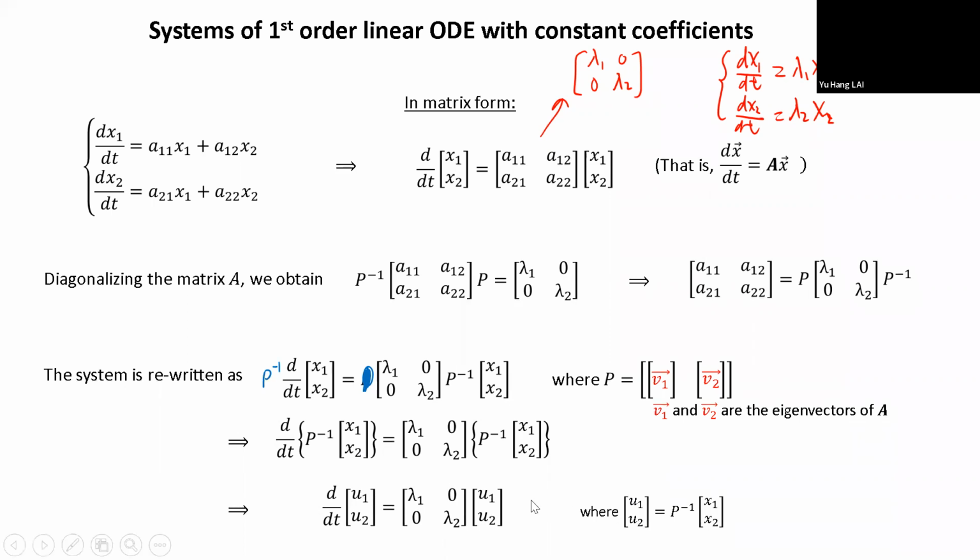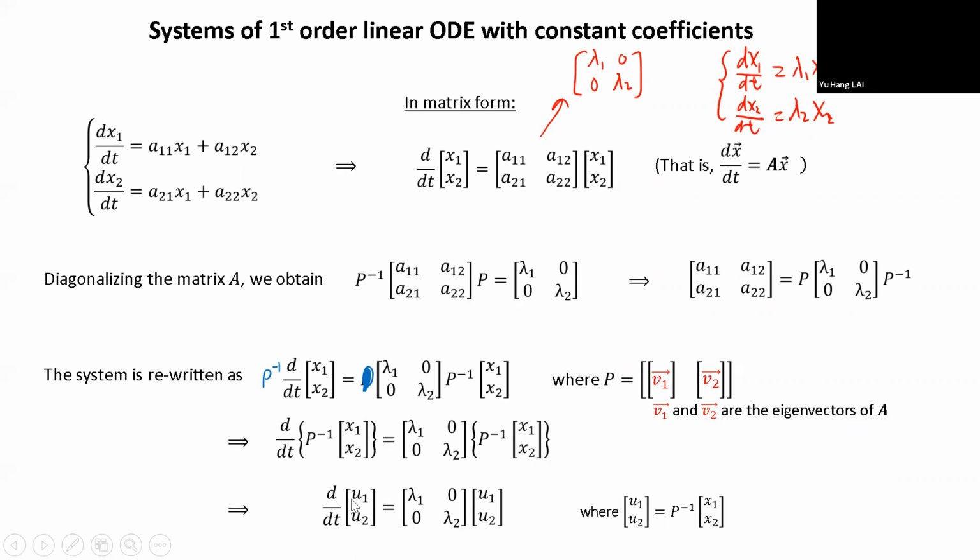Then this becomes this, and this one becomes this one. Now look at this system again. Now we know how to solve it immediately, because it's a diagonal matrix. U1 and U2 are not coupled together, just like the case over here.